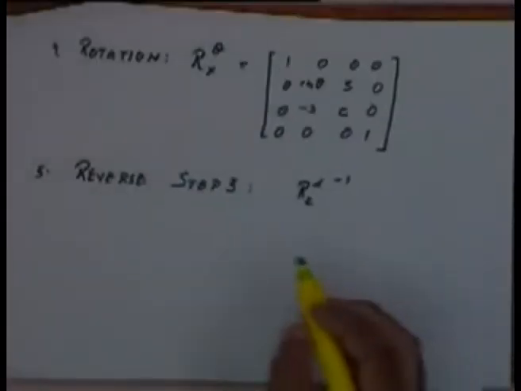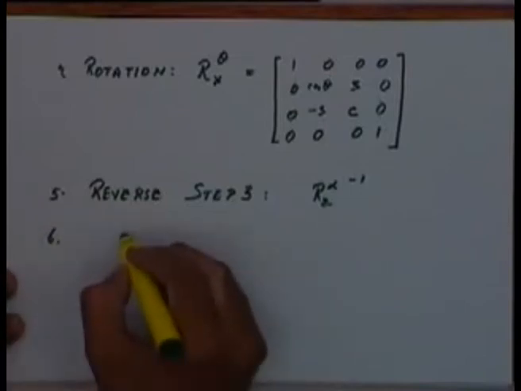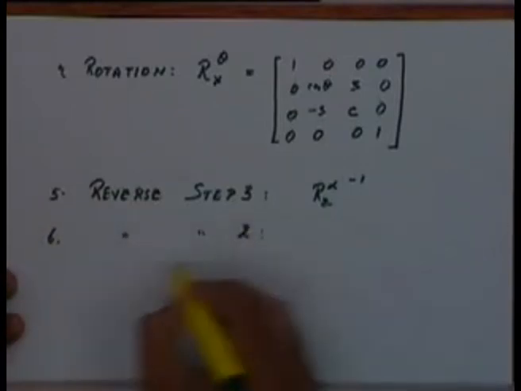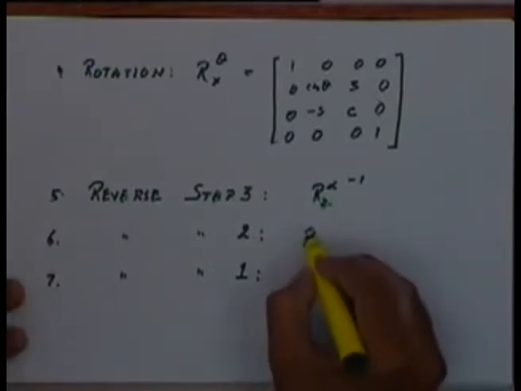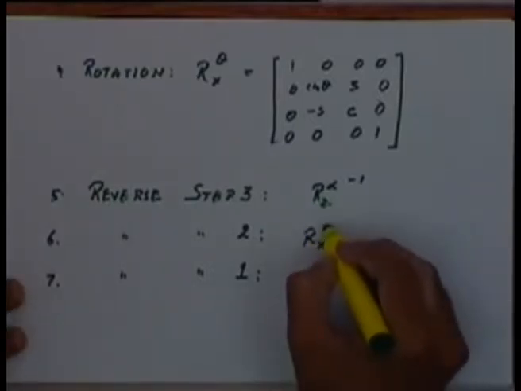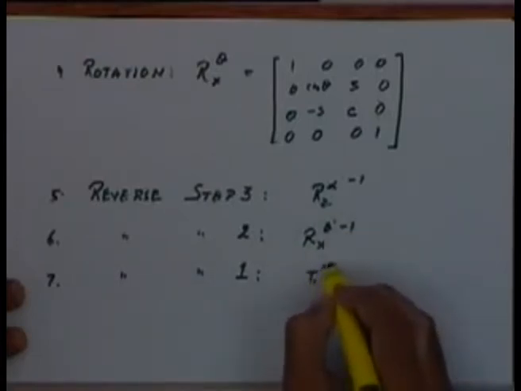That will be step 5. Step 6 would be reverse of step number 2 and step 7 would be reverse of step number 1. This would be Rx theta prime inverse and this would be T1 inverse.